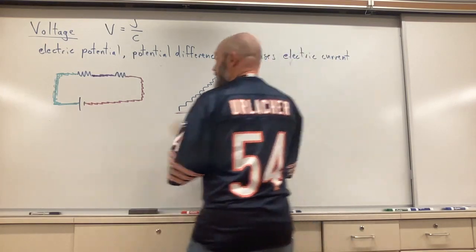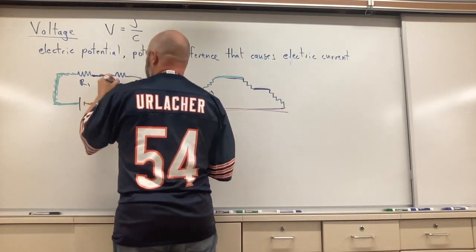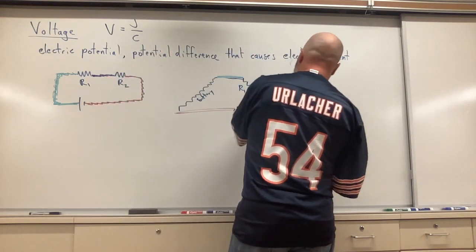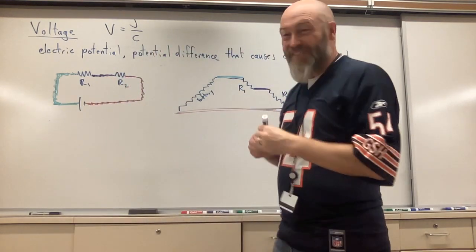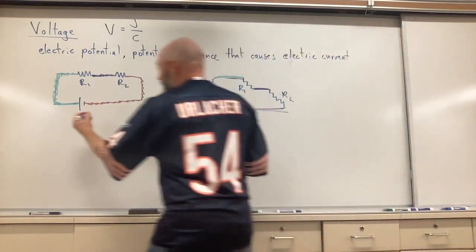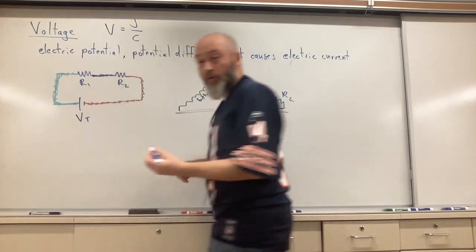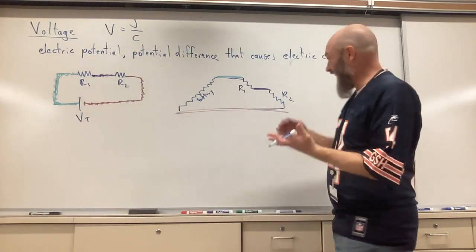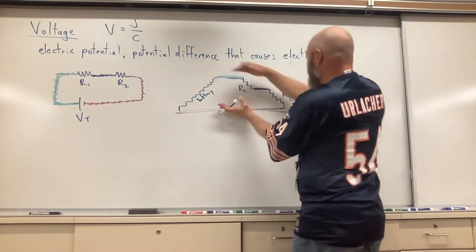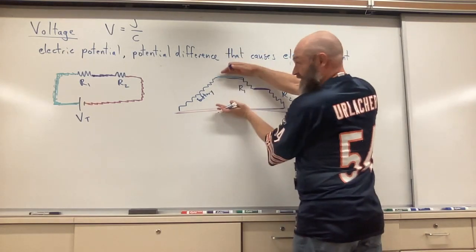So if this was R1, and this was R2. So then, if you had to write an equation that relates this, well, if I call the battery voltage the total, on my picture here, that's the total. Does everybody see it? Okay, so this is the total.